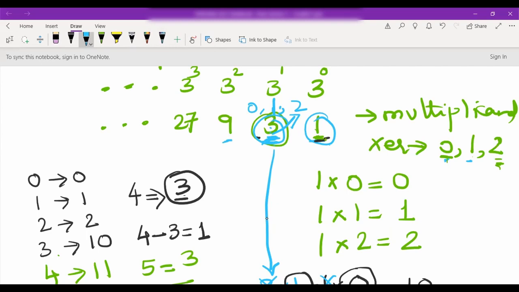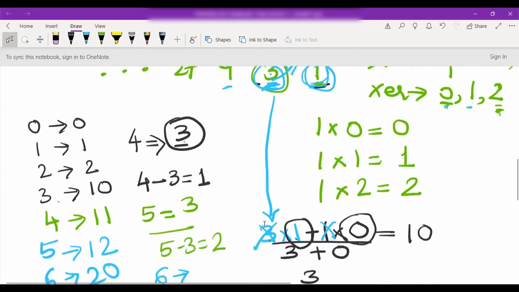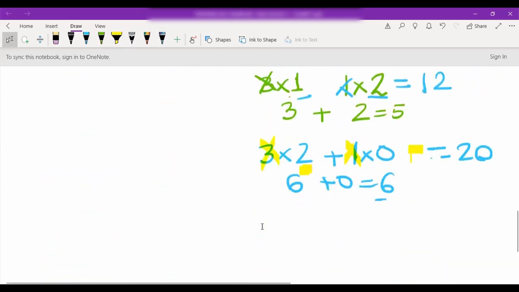How we got 6 is 3 into 2 is 6, and what is remaining to obtain 7 is only number 1, which is already present directly here. So I'm going to use bit 3, that is 3 raised to 1. I want to use it by multiplying it with number 2. Then plus the previous number 1, I also want to use it.